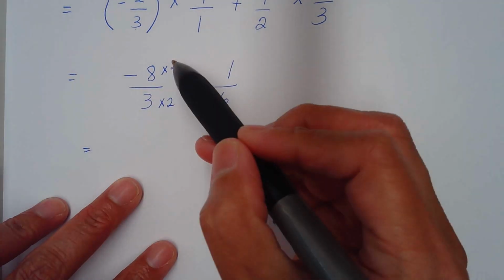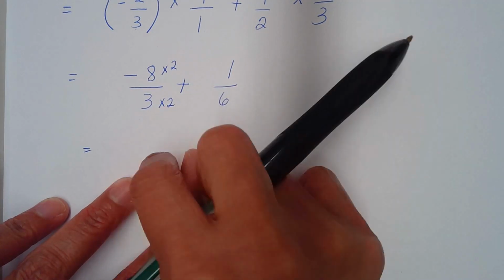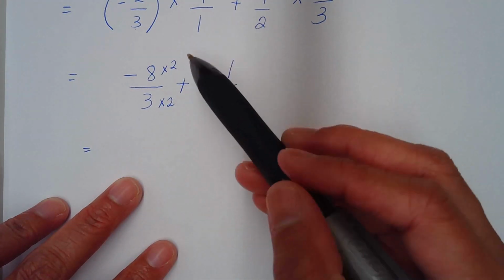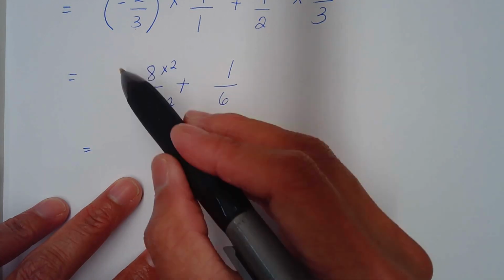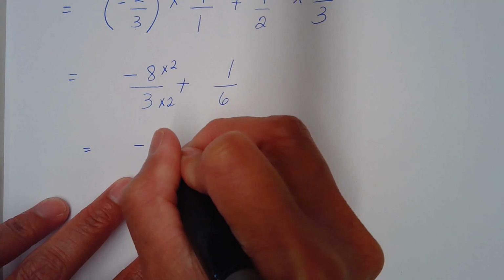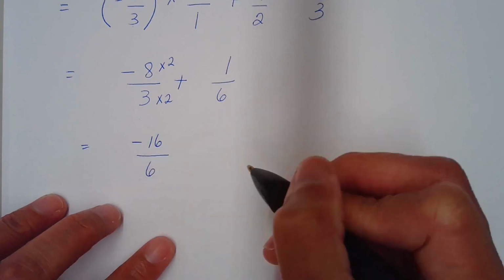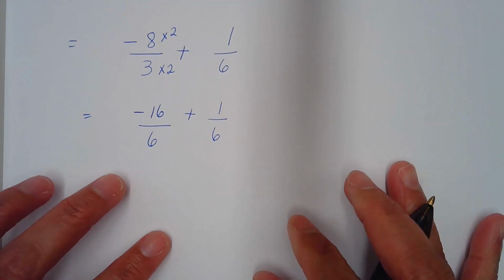Don't start calculating right here. Just rewrite it first, okay? Because I know some people try to work it out right away. Just rewrite it. Negative 8 times 2, negative 16 over 6 plus 1 over 6.